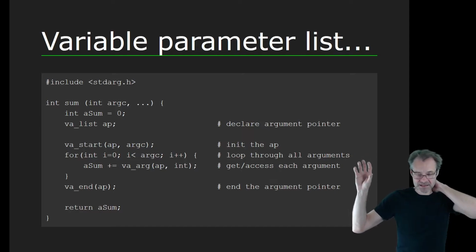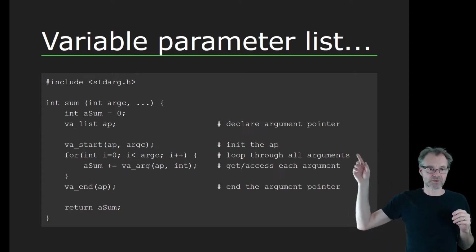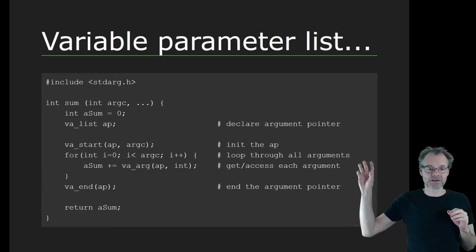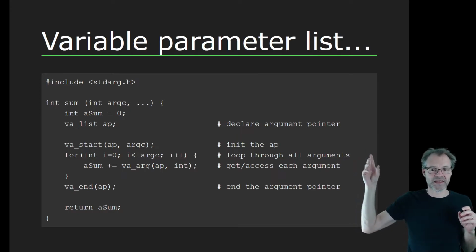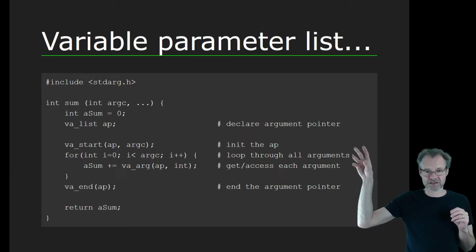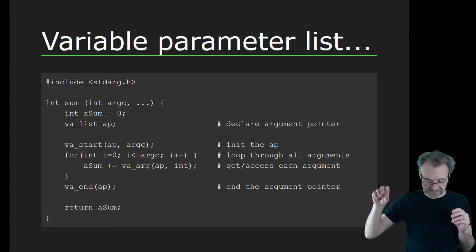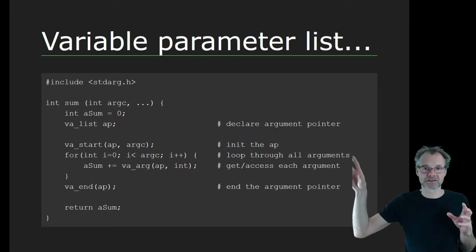We need some assistance to be able to do this, so we are including stdarg here. While doing that, we get some macros, the va_list. Let's see what I wrote here in my comments. The first thing I need to do when trying to access this variable parameter list is to declare an argument pointer.